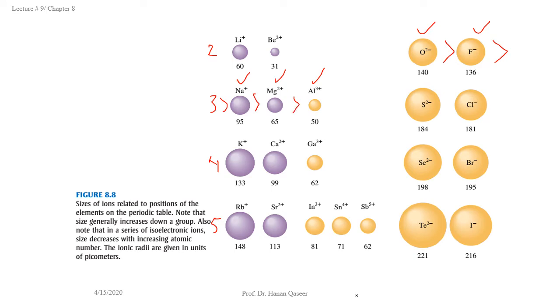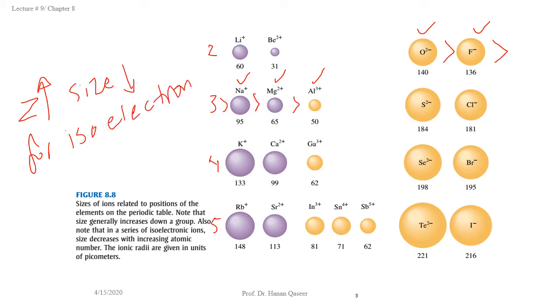As Z increases for the ions, size decreases for isoelectronic ions. Same number of electrons.